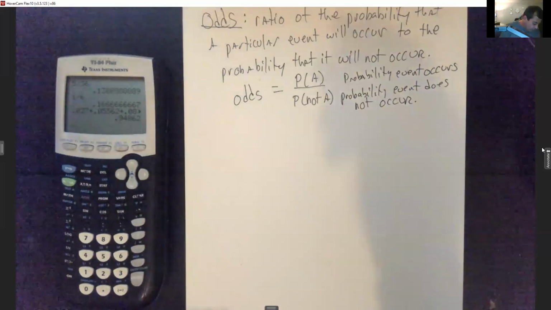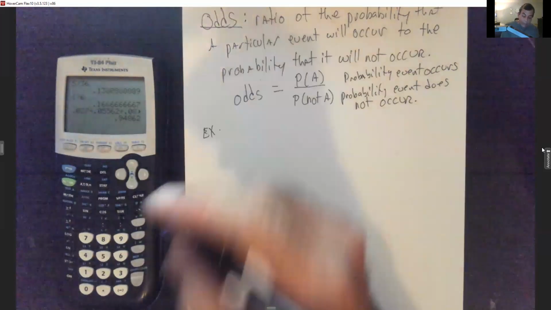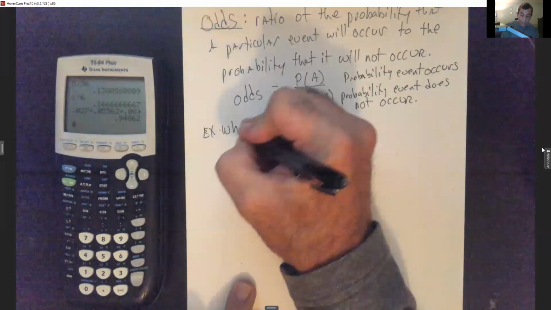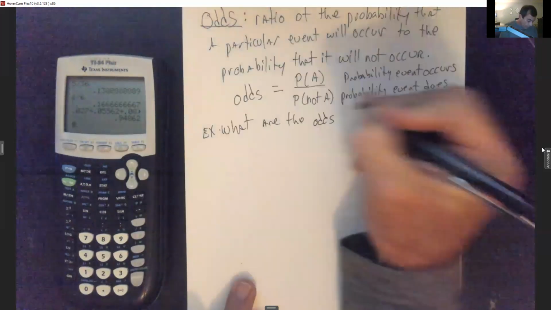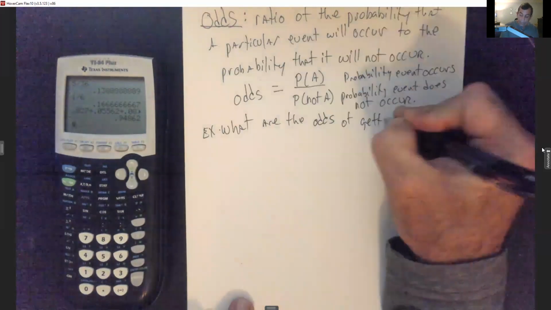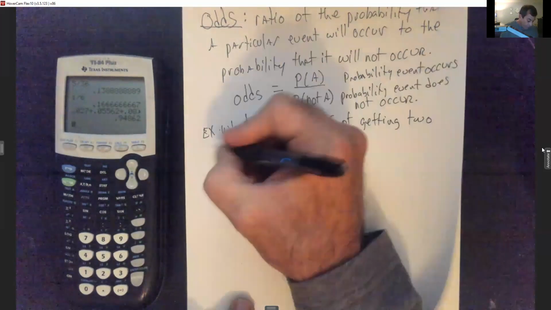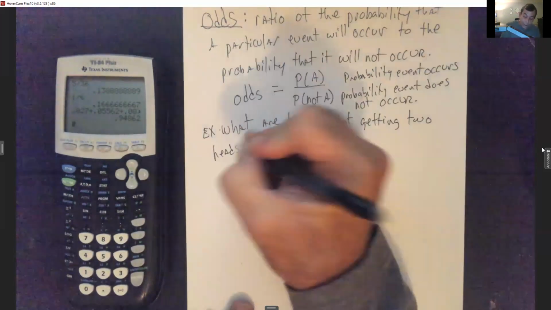So here's the question about these odds. What are the odds of getting 2 heads in tossing 2 coins?